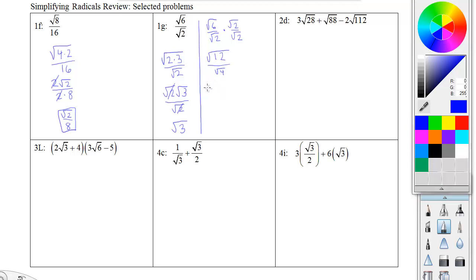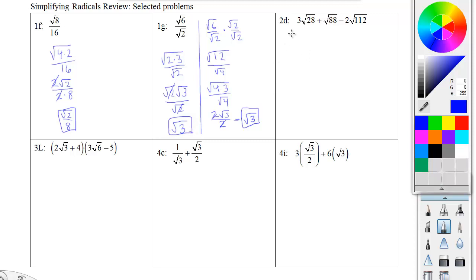The square root of 12 is the square root of 4 times 3, over the square root of 4, which is just 2. So the square root of 4 on the top becomes 2 root 3, and the square root of 4 on the bottom is just 2. And the 2's cancel, leaving the square root of 3. So same result, different method, and those are not the only two ways of getting to the square root of 3, but two good examples.